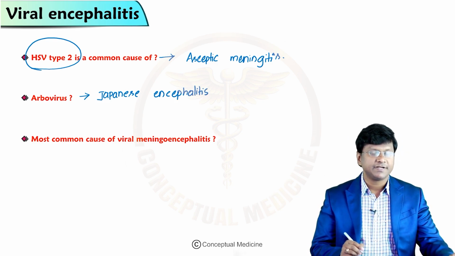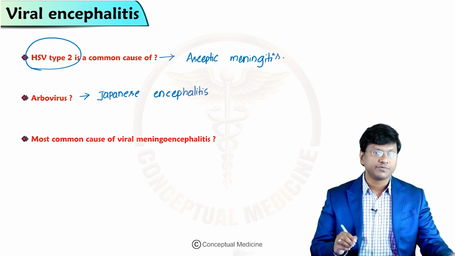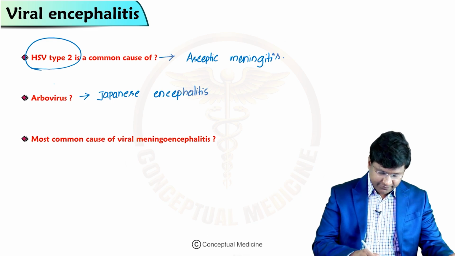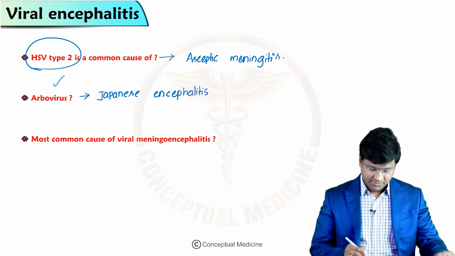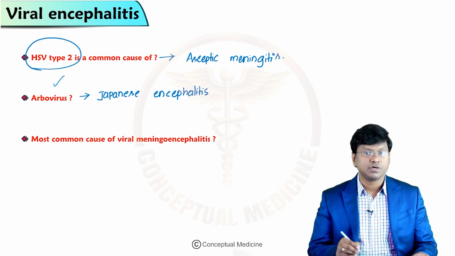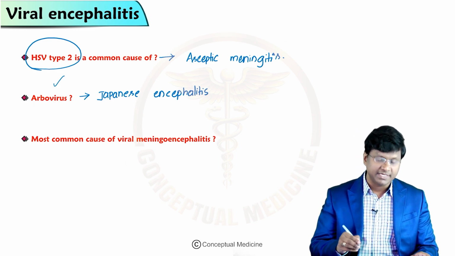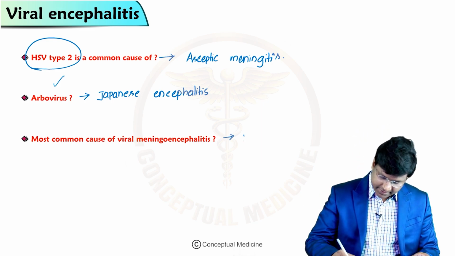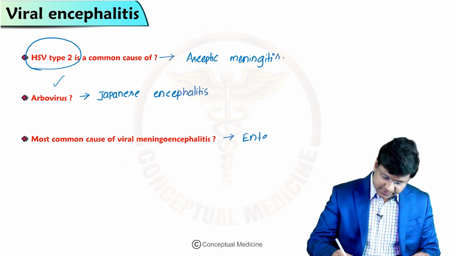So Japanese encephalitis virus is an arbovirus and it is one of the most common causes of encephalitis outbreaks. Right, the most common causes of encephalitis outbreaks will be the arboviruses. And the most common cause of viral meningoencephalitis will be enterovirus.